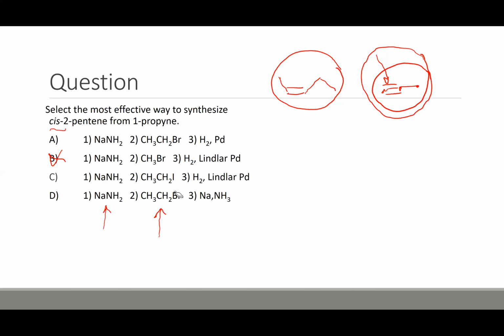Now, lastly, we want to use a Lindlar catalyst to make a double bond that is cis. So the only one of these that does all 3 of those is answer C. It uses 2 carbons here and then follows up with Lindlar catalysis to make a cis double bond.